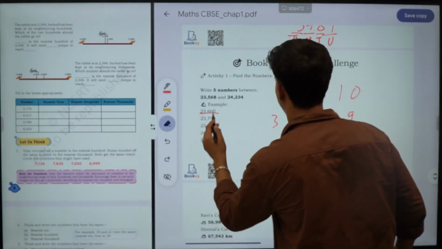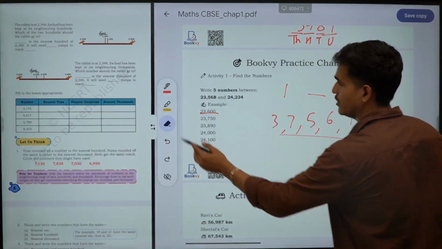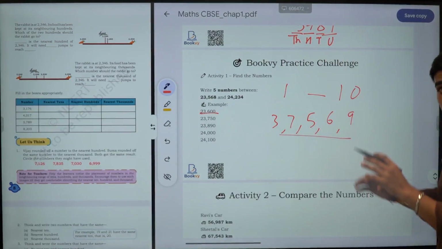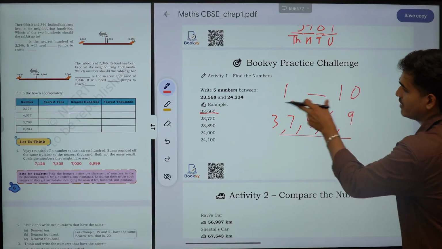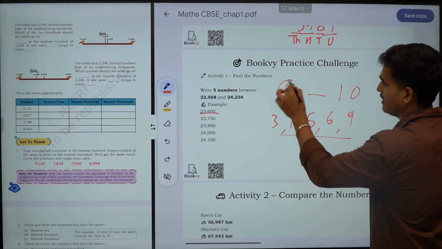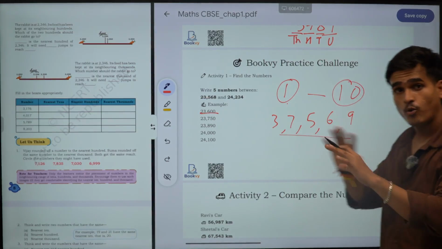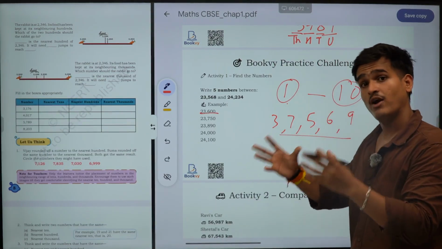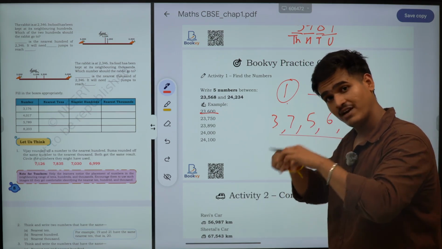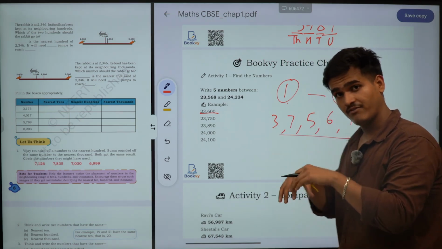And also make sure of one thing. If you are having a choice between 1 and 10, don't pick these numbers, 1 and 10. You have to pick the numbers in between.